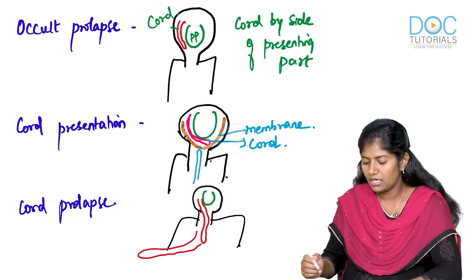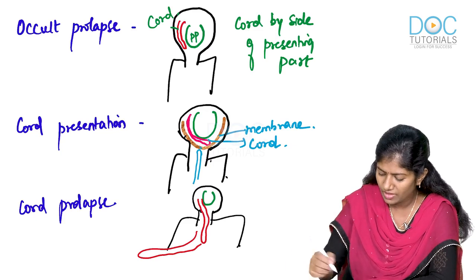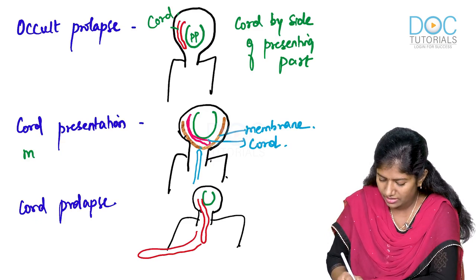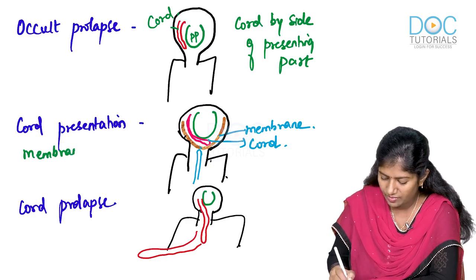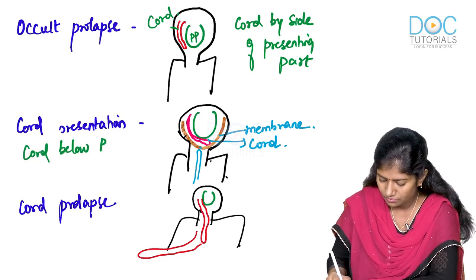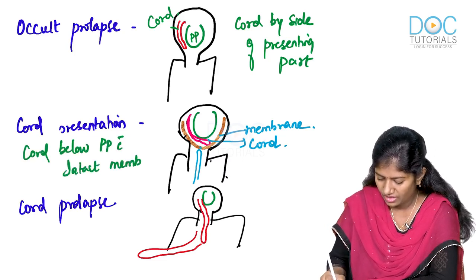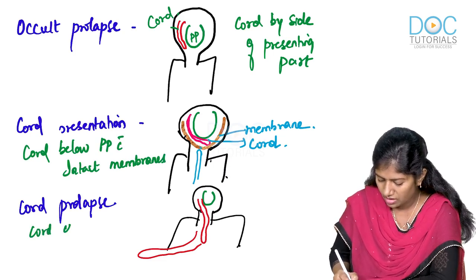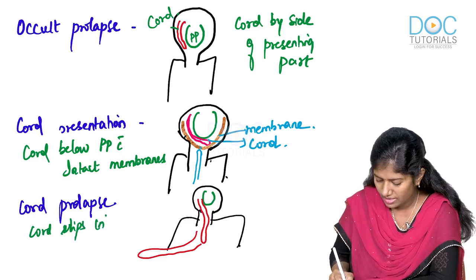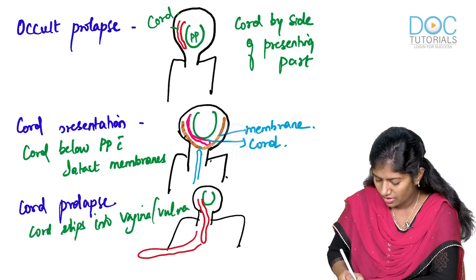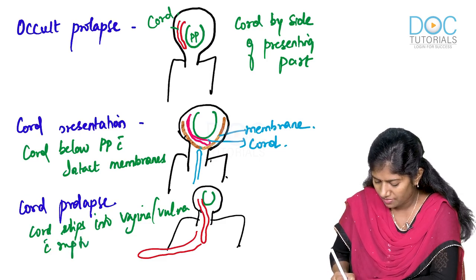So the main difference is, in cord presentation, the cord is below the presenting part with intact membranes, and in cord prolapse, the cord slips into the vagina or the vulva with ruptured membranes.